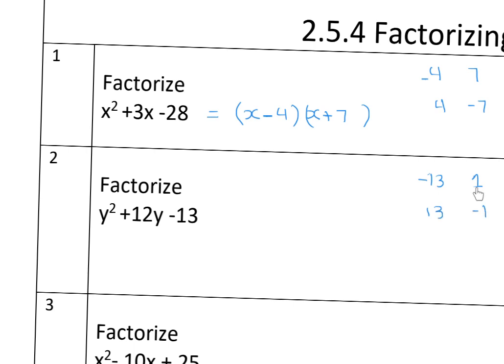But negative 13 and 1, if we add, we get negative 12, and this is positive 12. 13 times negative 1, if we add, we get positive 12. So it does work. So two brackets: y times y, and 13 and negative 1, so y plus 13 and y minus 1.